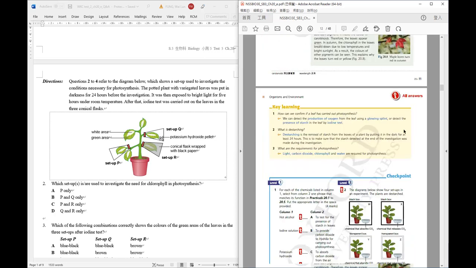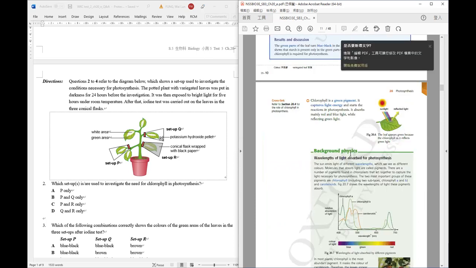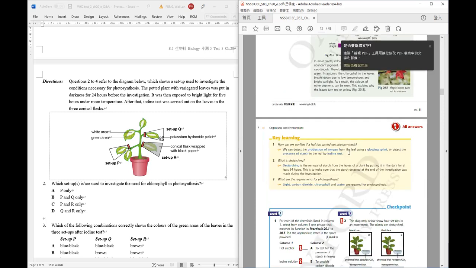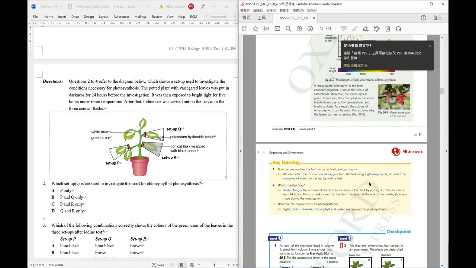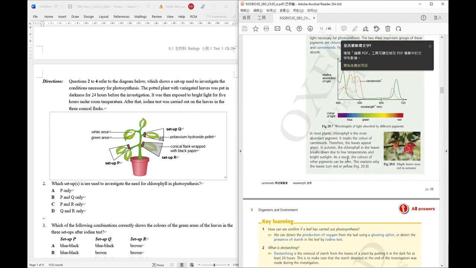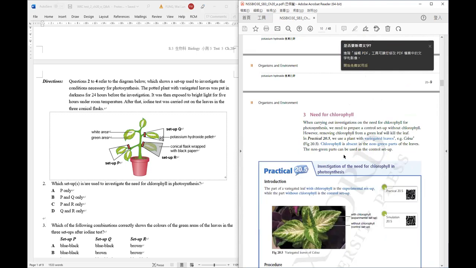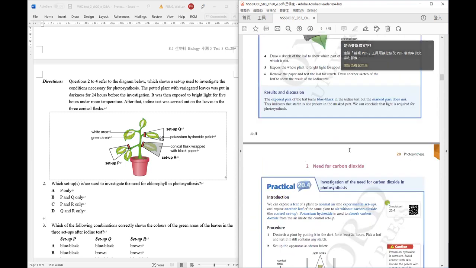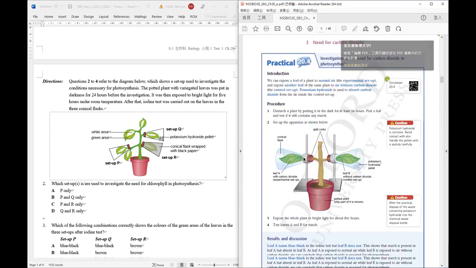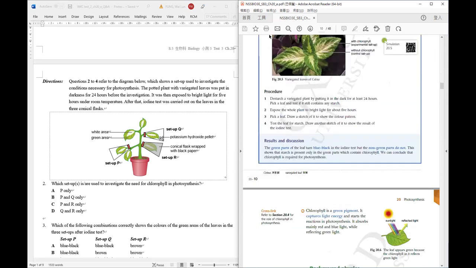Let me see. Okay. This is on page 12 and before. Several setups from page 8 to page 10.